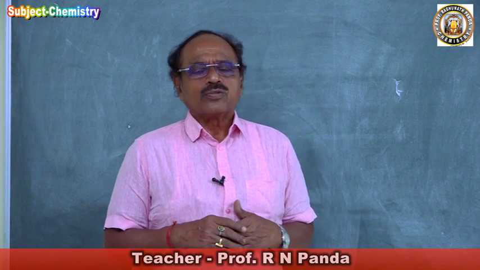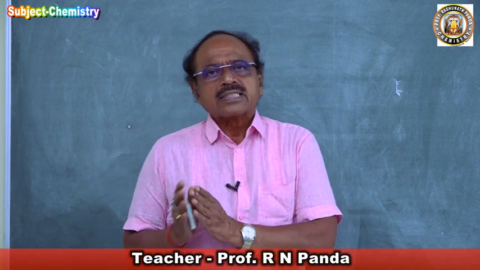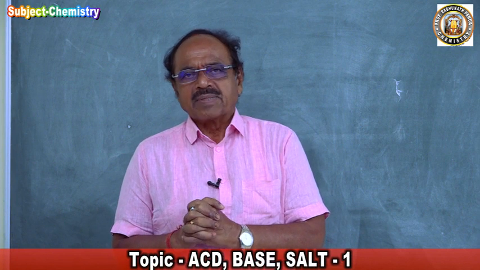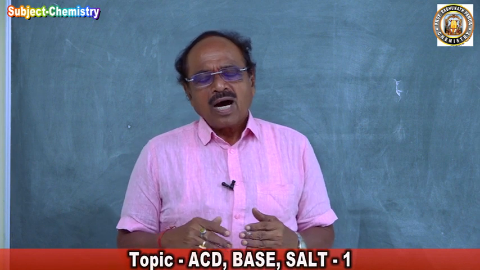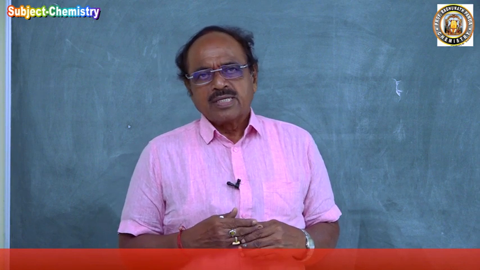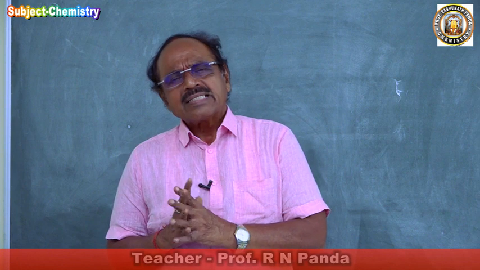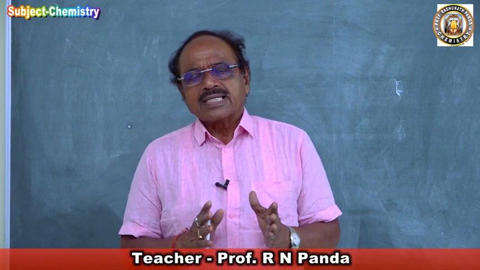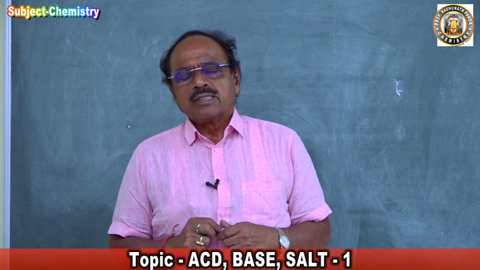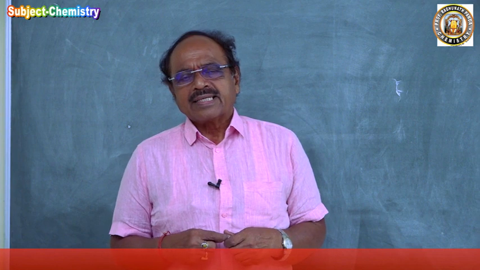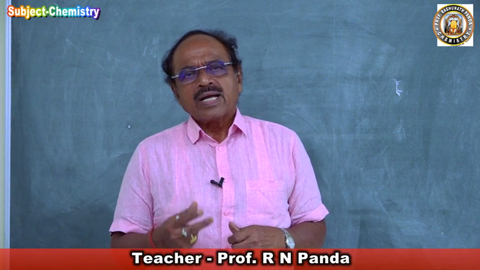Now in today's class we are going to discuss how to write a chemical equation and how to balance a chemical equation. To know what a chemical equation and a balanced chemical equation are, a student should first have knowledge of oxides, because often while writing the chemical equation we require that knowledge.